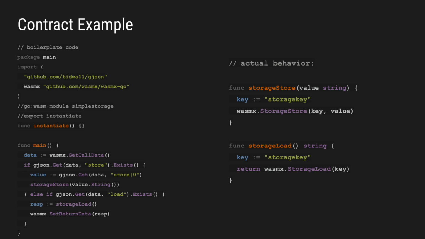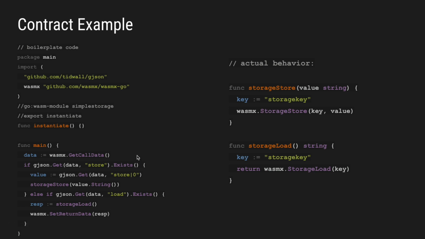This is the contract. It has a function to store a string variable in the contract storage and a function to load it and return it. The two entry points of the contract are instantiate and main. Instantiate is the contract constructor. For this example, this is empty, and main is the execution entry point.